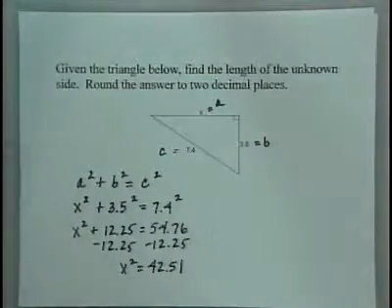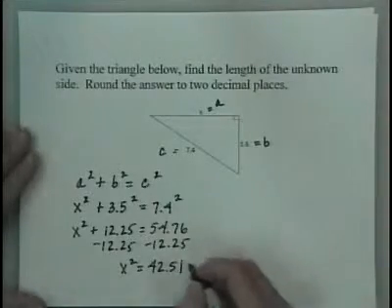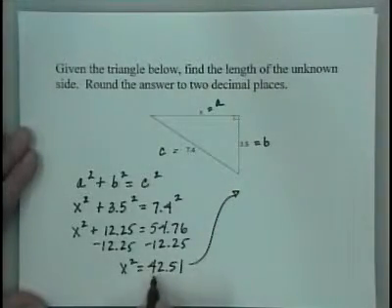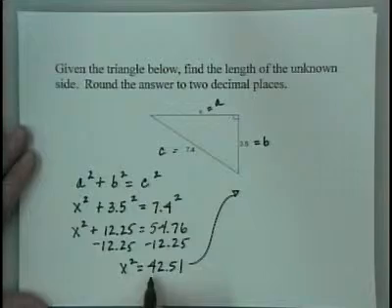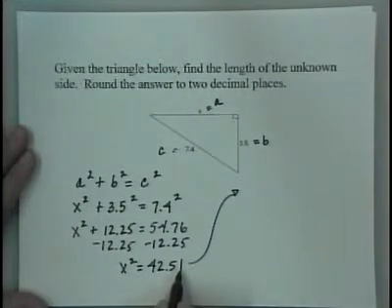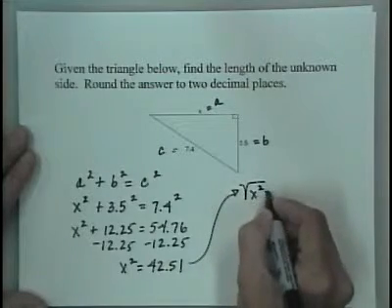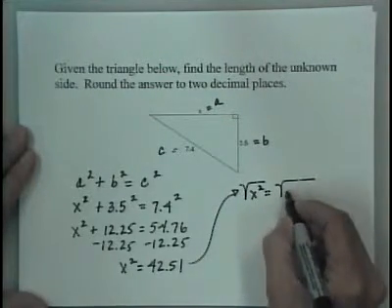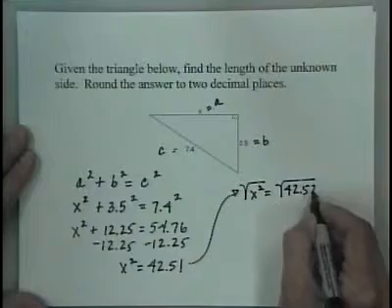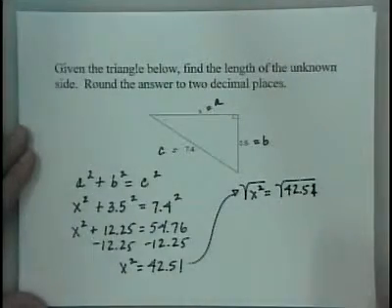To continue from here, I need to take the square root of each side of the equation. I should consider using plus or minus the square root of 42.51. However, since I'm looking for the side of a triangle, I'm going to use positive the square root of 42.51.